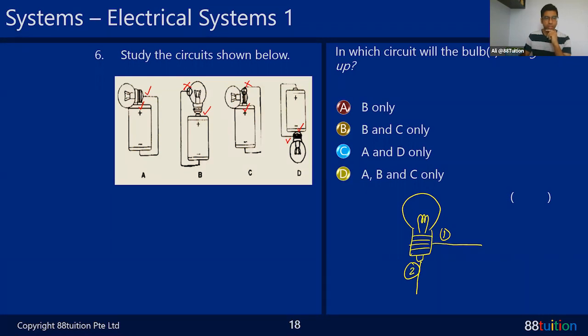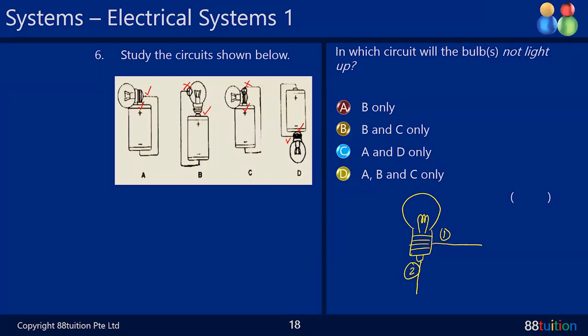Aishwarya. Hi, Aishwarya. Sorry, I just joined. Okay, so are you able to tell me what parts of the bulb must be connected in order for the bulb to be switched on? I've already drawn it there. Can you see number 1 and number 2 on the slide in my drawing?